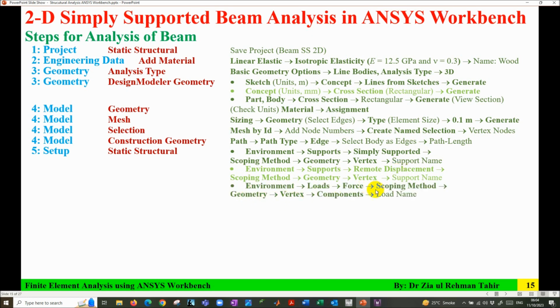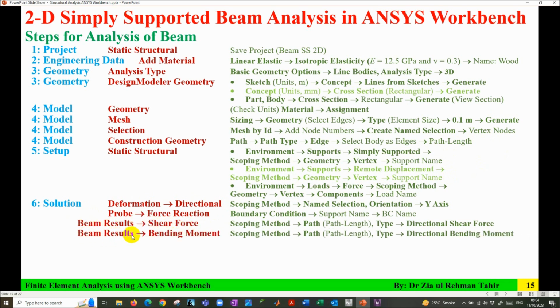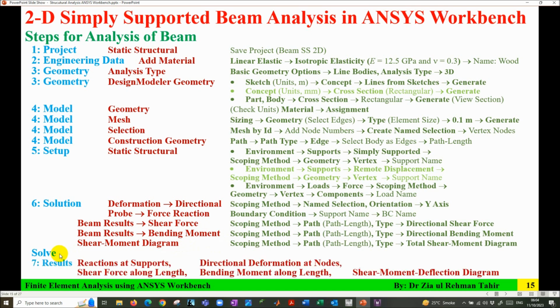Applying the load is very simple. You need to apply the concentrated force, and then get directional deformation for the selection which is already made. Then get force reaction at each support using a probe, and then use beam results. Shear force was calculated using the beam result, bending moment was calculated, and then shear force and bending moment were added to the solution, then solved, and all these results were displayed.